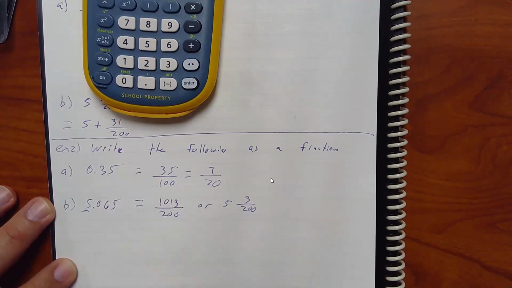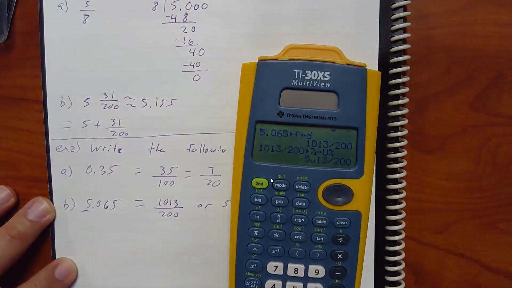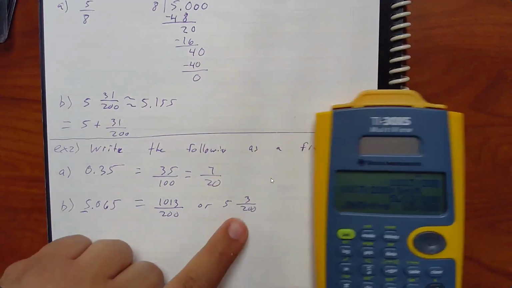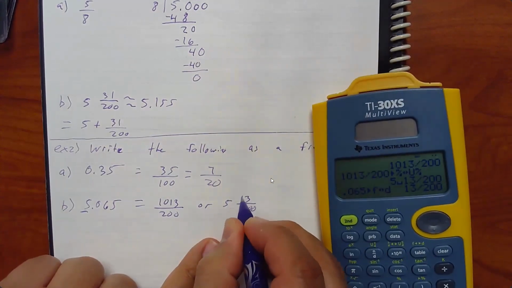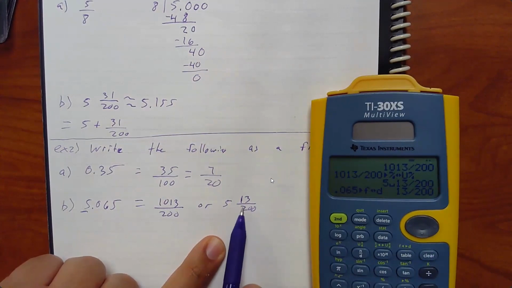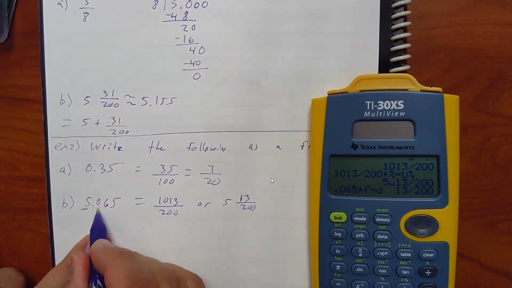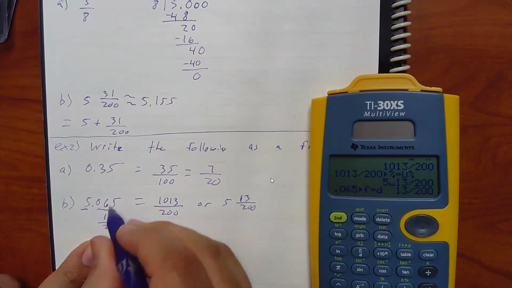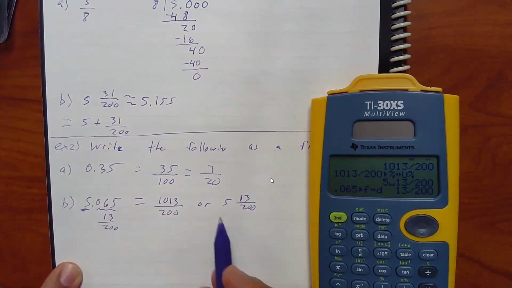Just change this piece. So you could just say 0.065 as a fraction. Just tack that onto the 5. That's this piece. So this right here is 13 over 200. And this is the whole number, right?